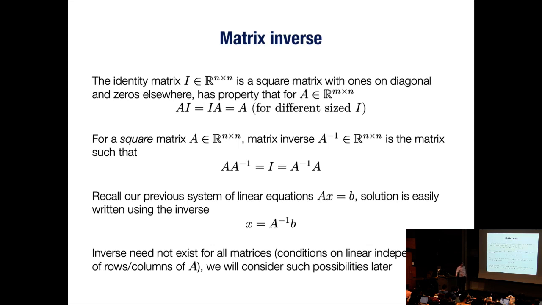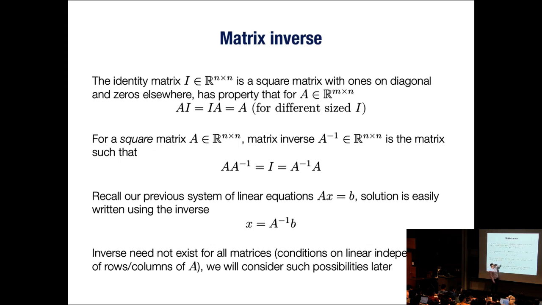The inverse is defined in the following way. We can define what's called the identity matrix, which is a square n by n matrix that has ones on the diagonal and zeros everywhere else. It's pretty easy to show that if you have a matrix A, which is m by n, then A times the identity on the right, or A times the identity on the left, and those are different sized identities, both just equal A. The one on the right has to be an n by n identity.